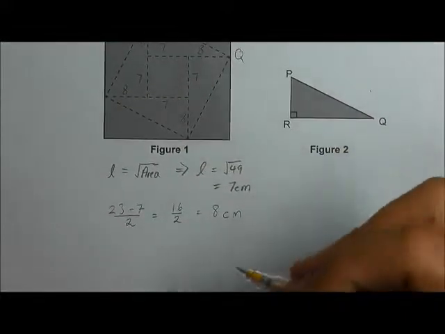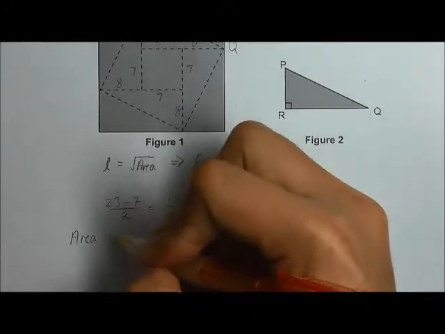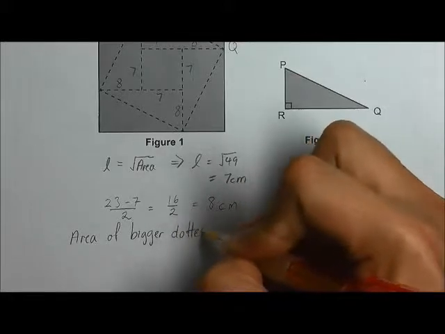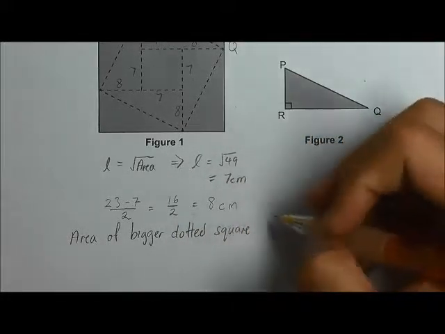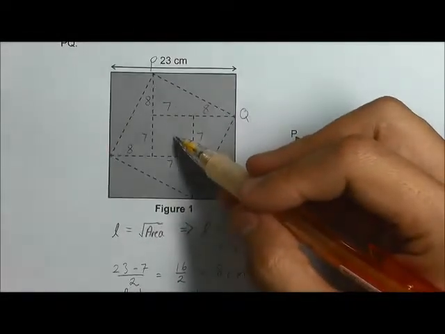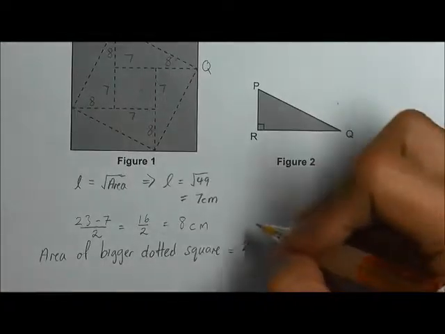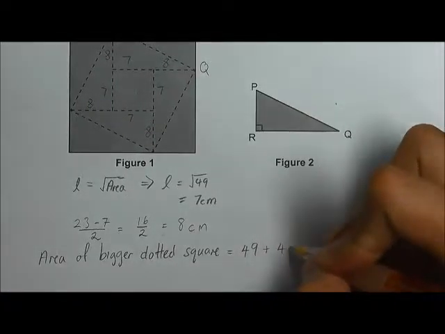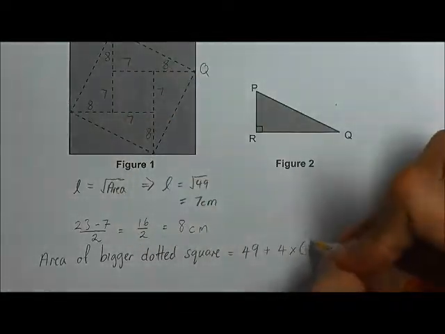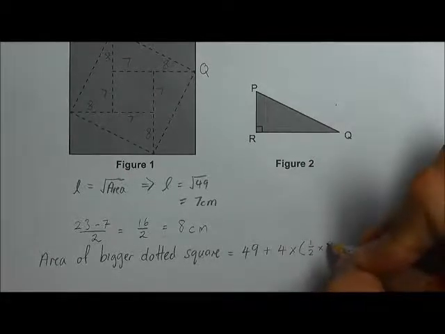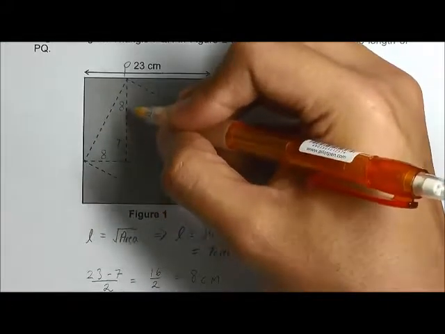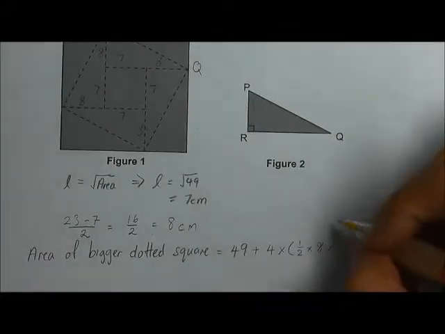So what we can do here is this area of bigger dotted square is equal to 49, which is the area of the small square, plus 4 times the area of the right angle triangle, which is half, times 8 times the height. The height here is 7 plus 8 cm, so that will give us 15 cm.